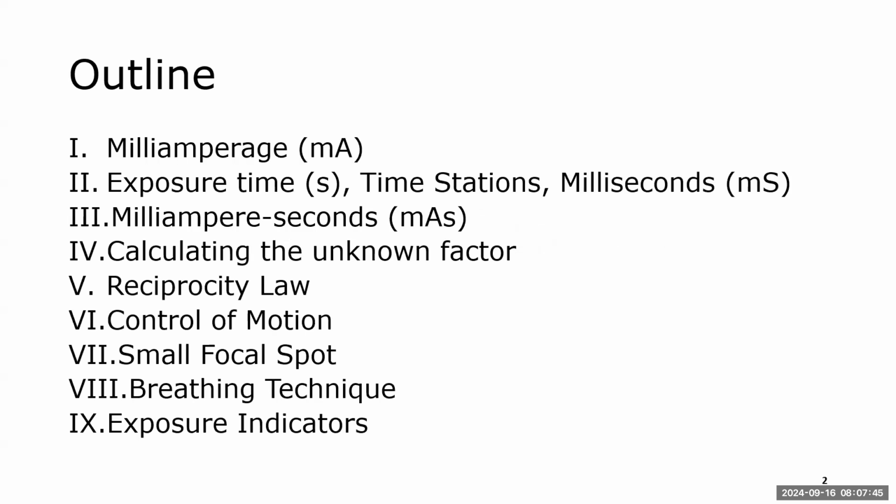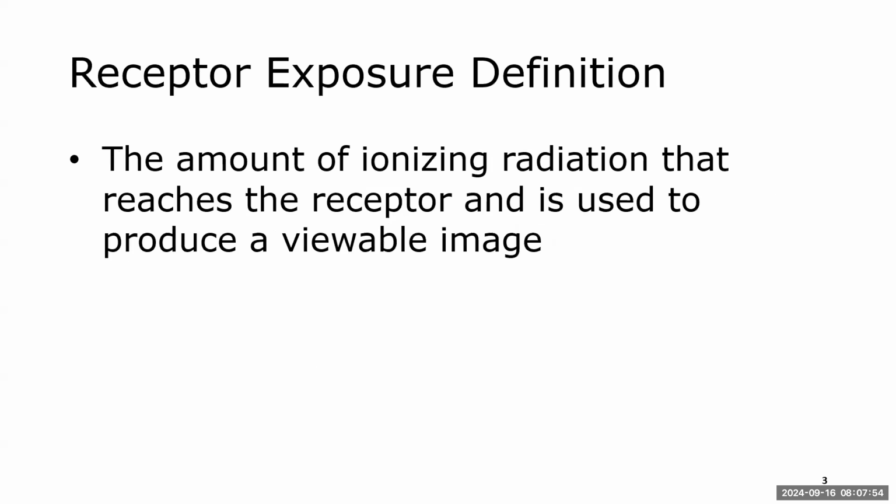So, receptor exposure. We're going to look at this as the outline to keep us on track of what we want to talk about this morning. By definition, receptor exposure is the amount of ionizing radiation that actually reaches the receptor and is used to produce or create the viewable image.